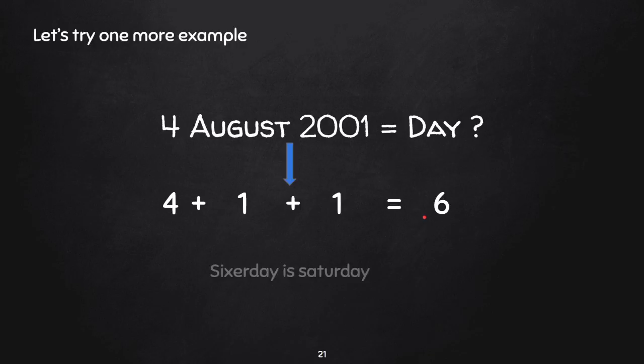So 6 is equal to Saturday. So 4th August 2001 falls on a Saturday.